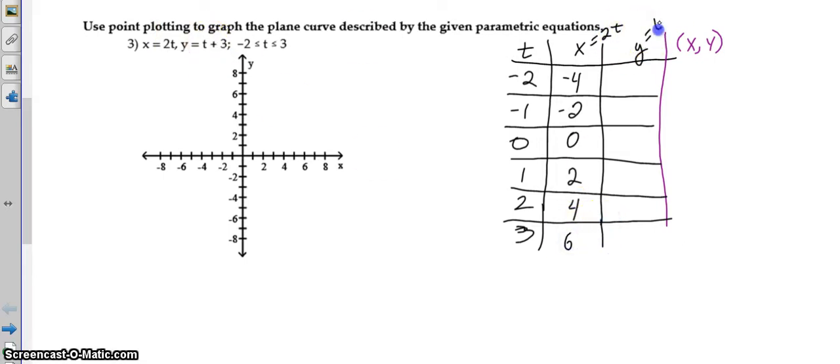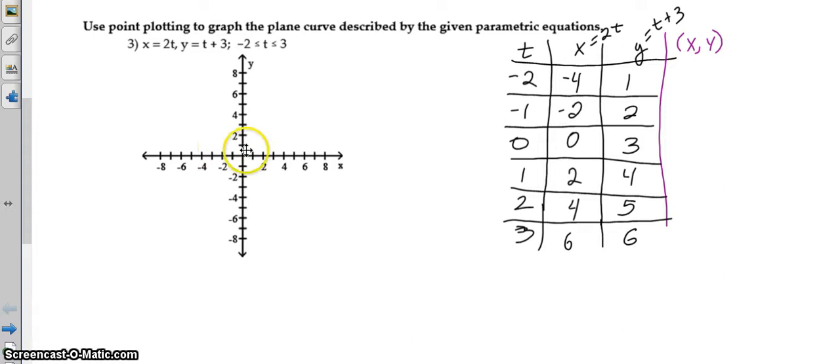And y is t plus 3, so negative 2 plus 3, negative 1 plus 3, 0 plus 3, 1 plus 3, 2 plus 3, 3 plus 3. And there's our ordered pairs we saw earlier.